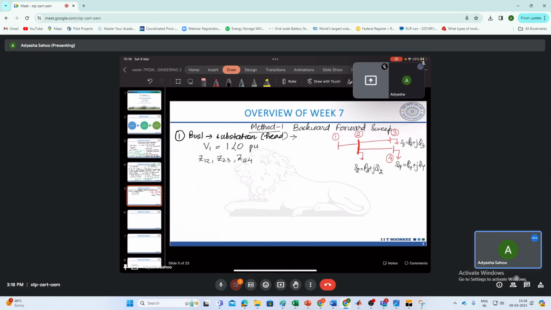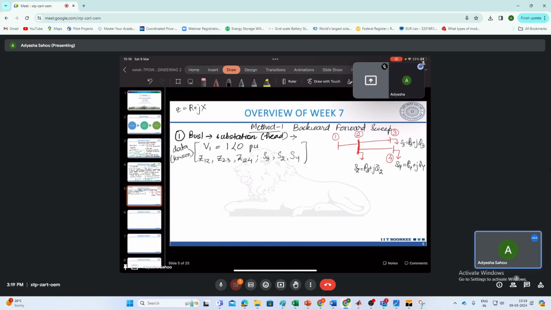So this is understood that this Z is basically R plus JX, where R and X are resistance and reactance of these lines. Additionally, the value of the load connected at bus 2, 3 and 4. Yes, so this is your data, that is your known values.